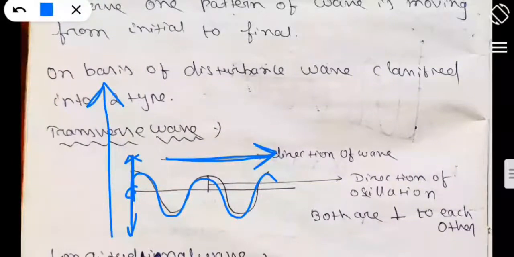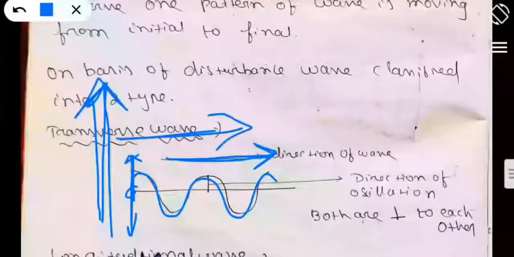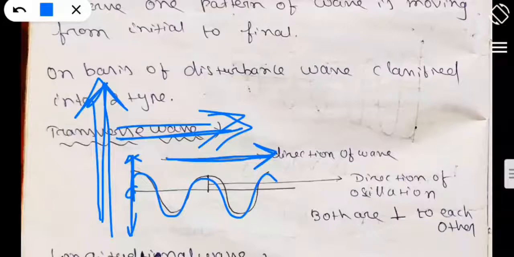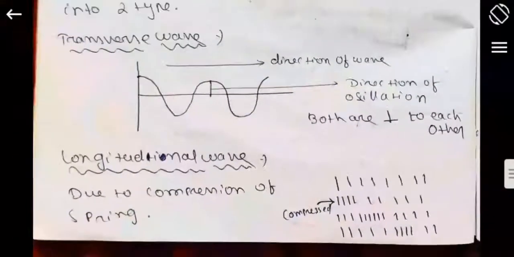Oscillation in this direction and the wave in this direction are perpendicular to each other. So this kind of wave is known as a transverse wave, where oscillation and traveling of wave are perpendicular to each other, right?